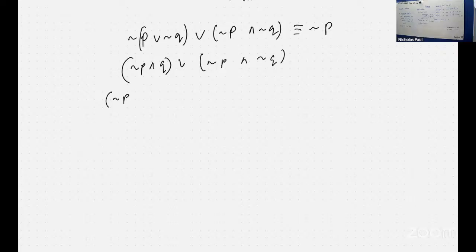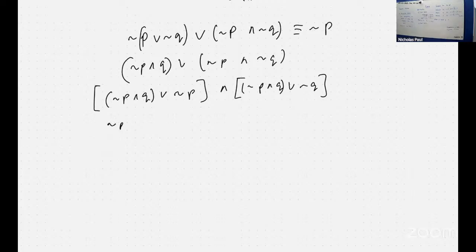And negation of P and Q, or negation of Q. When we expand this here, we'll get negation of P, and just switching them around, or negation of P and Q. Same thing here: negation of Q or negation of P and Q.